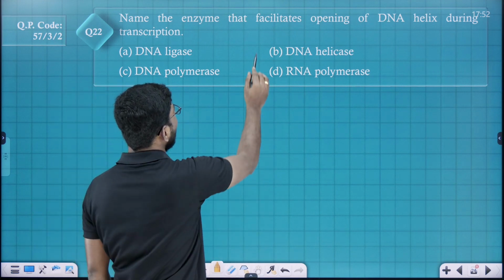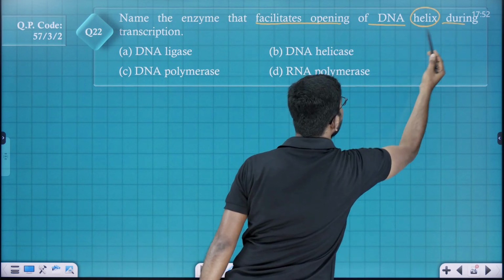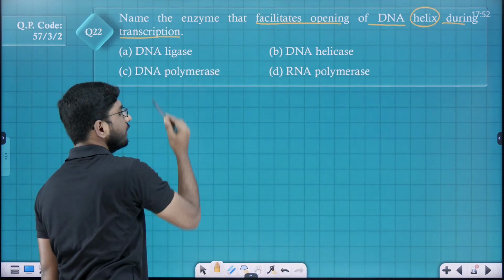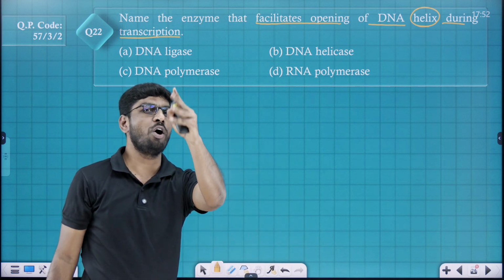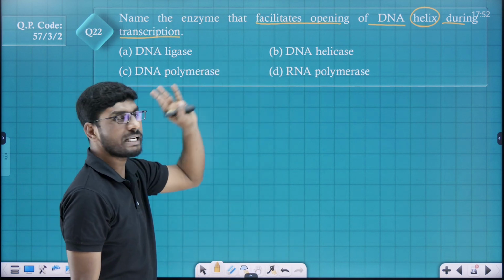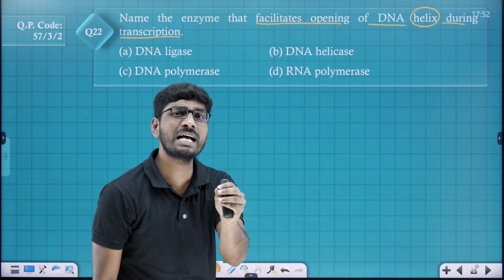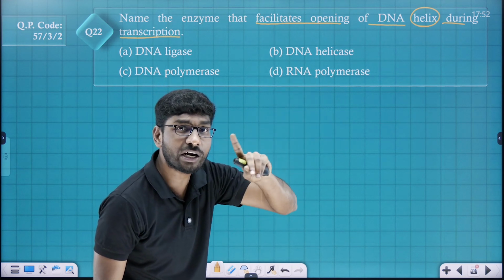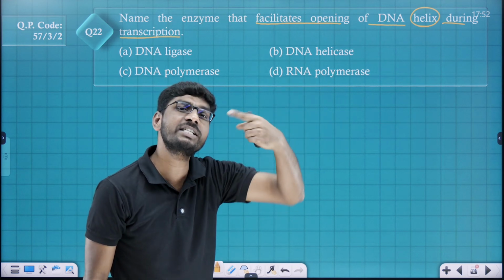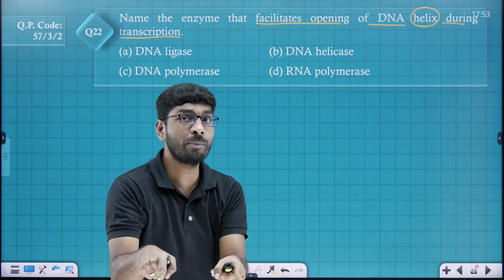Name the enzyme that facilitates opening of the DNA helix during transcription. Opening the DNA helix. I know you all are thinking DNA helicase enzyme. But read the question carefully. They are not asking about opening the DNA helix during replication. They are asking about transcription. So transcription, RNA formation.